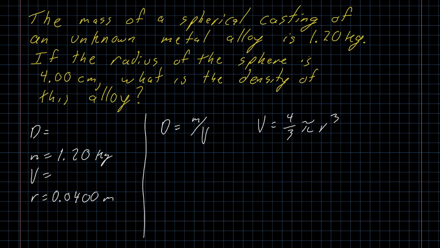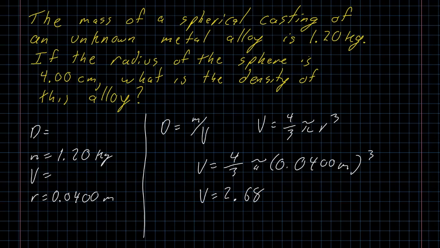Knowing that radius, we can come over here. My calculator is happy to tell me that if I take 4 divided by 3 times pi times 0.0400 to the third power, I get 2.68.